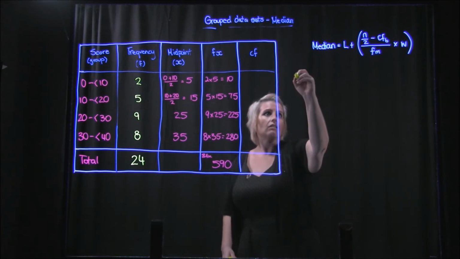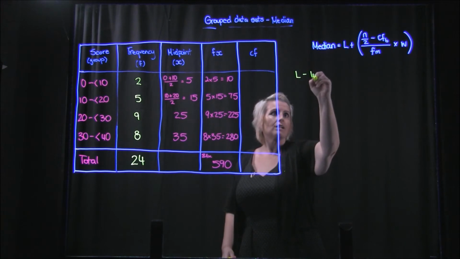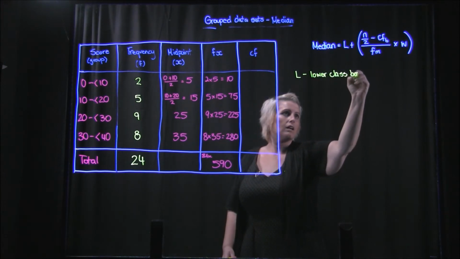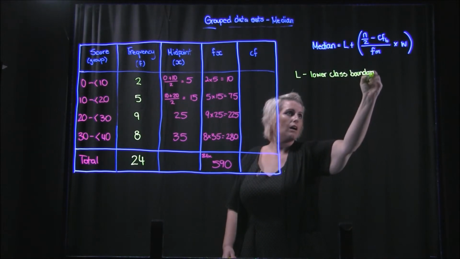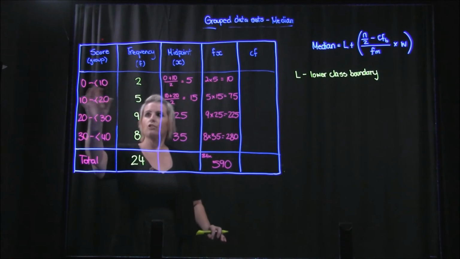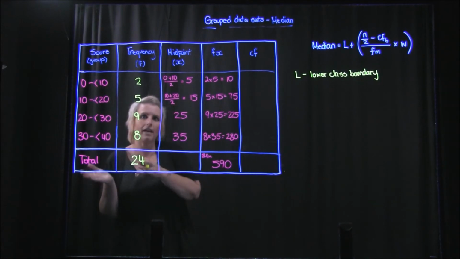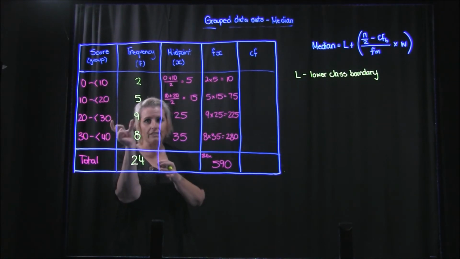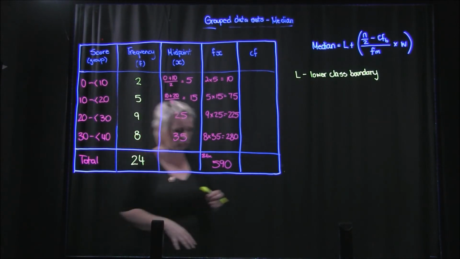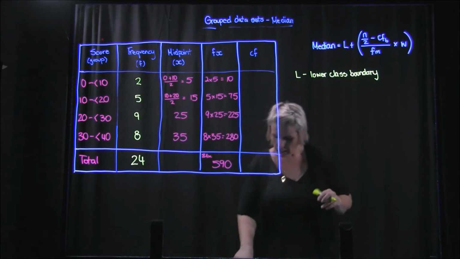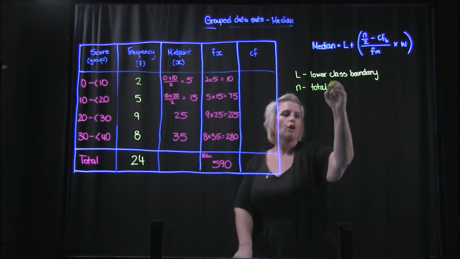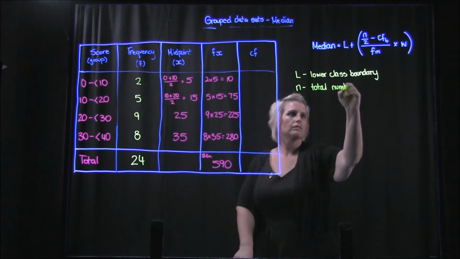L is the lower class boundary. Remember when I said 0 to 10, 0 is the lower end of that interval. Here, 10 would be the lower class boundary, and here, 20 would be the lower class boundary. And just like before, N is the total number of data.